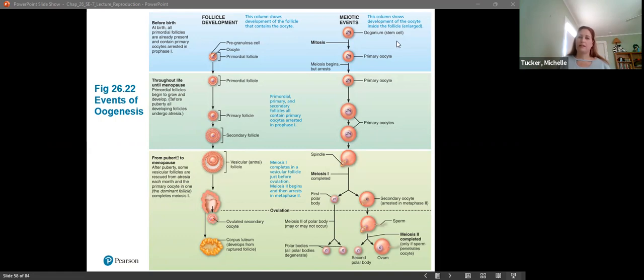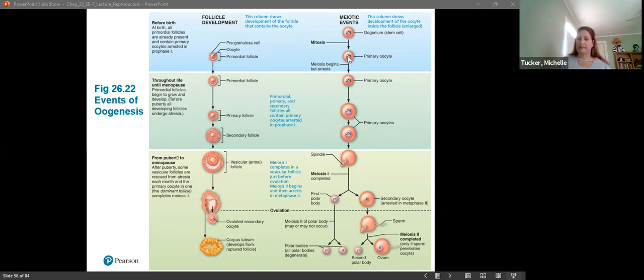What's going on in the oocyte? Okay, so just in the oocyte, not talking about the follicle as a whole, the first event occurs during fetal development, where there's mitosis. The stem cell has to regenerate a daughter cell to maintain the stem line, but then a primary oocyte is going to be produced as well.